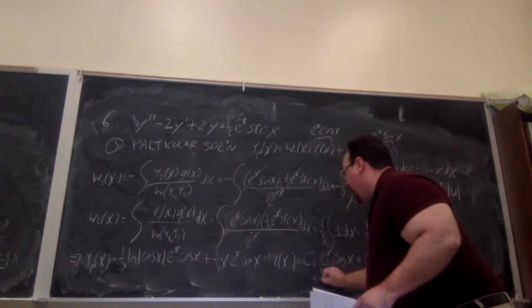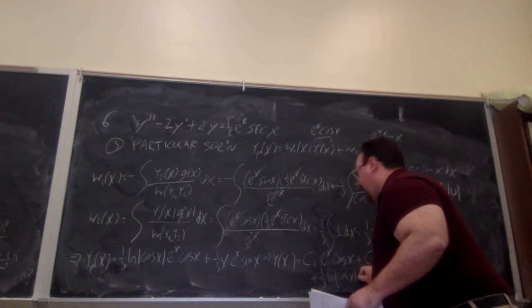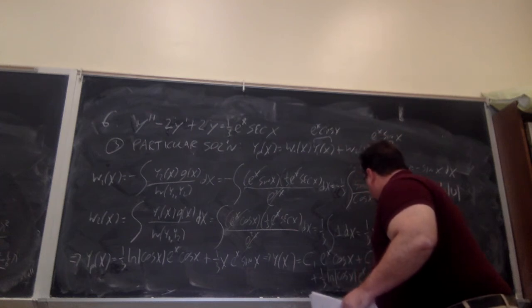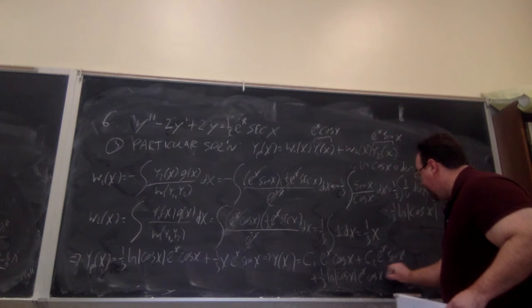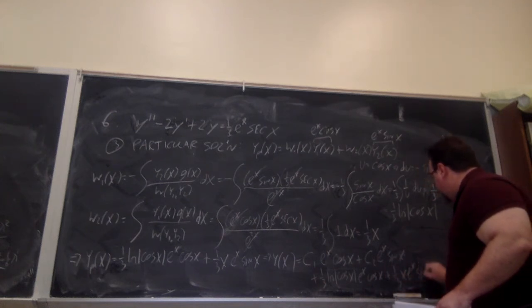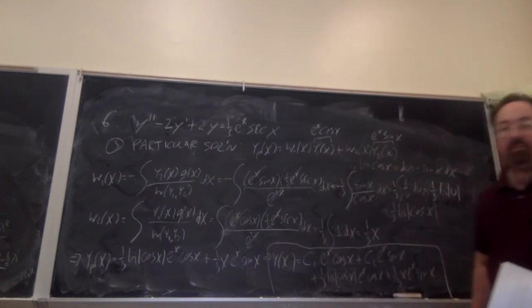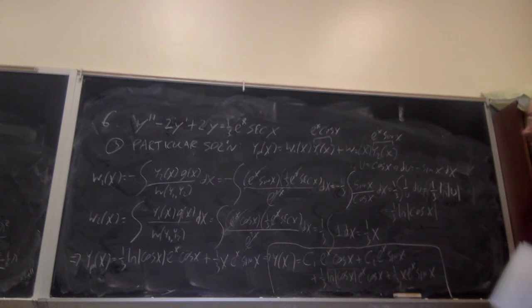So 1/3 natural log cosine, e to the x cosine x, plus 1/3 x e to the x sine x. What I've boxed here is your final answer, the general solution.